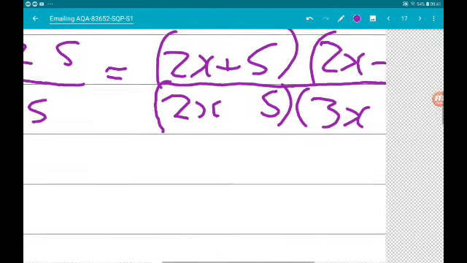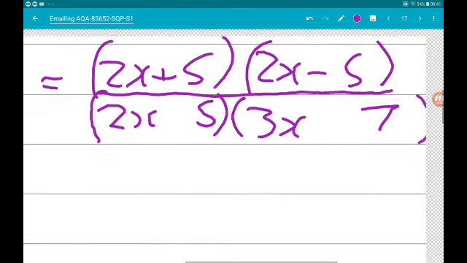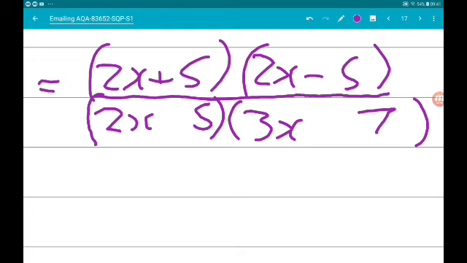But we want a negative x. So it's going to have to be minus 5 in there. So minus 5 times 3x gives us minus 15x. And then if we put a plus in there, 7 times 2x gives us plus 14x. So minus 15x, add 14x, does indeed give us that negative 1x that we need.